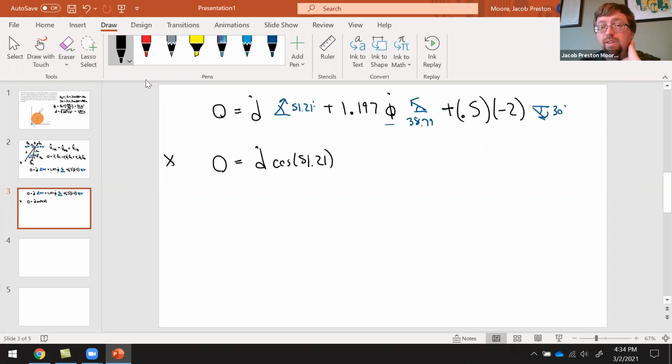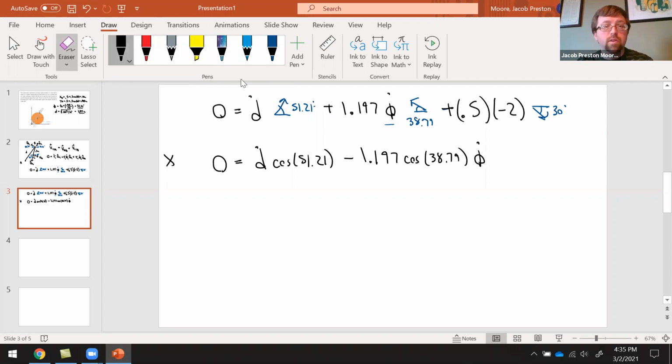Here I've got the negative sign, so it's a negative x direction. So minus 1.197 cosine of 38.79 degrees times phi dot, plus, so 0.5 times -2 is just -1, so minus 1 cosine 30. That's just a known value.